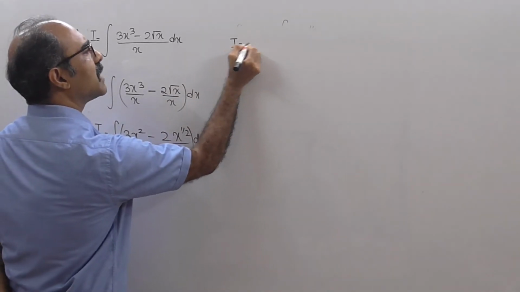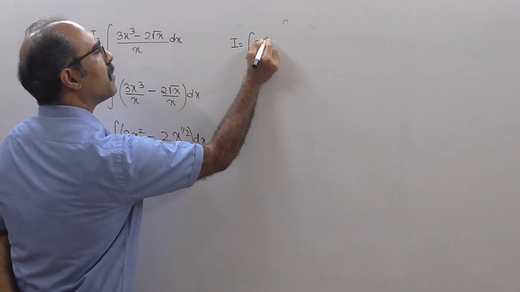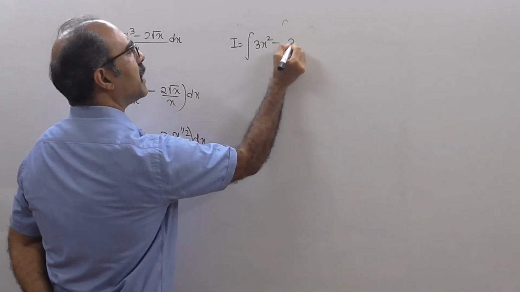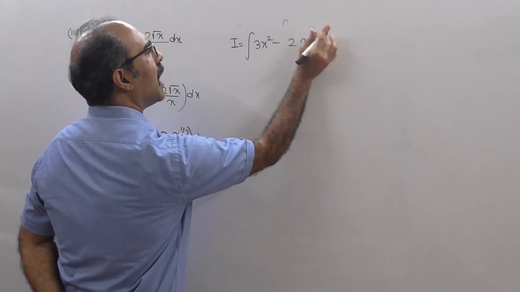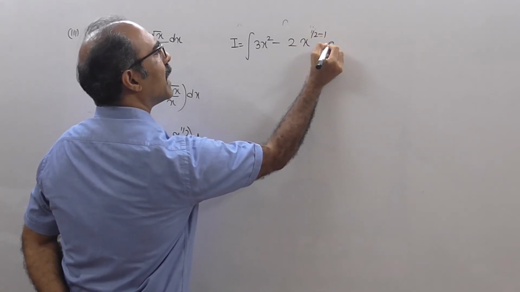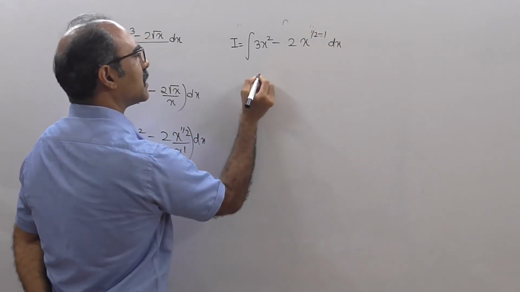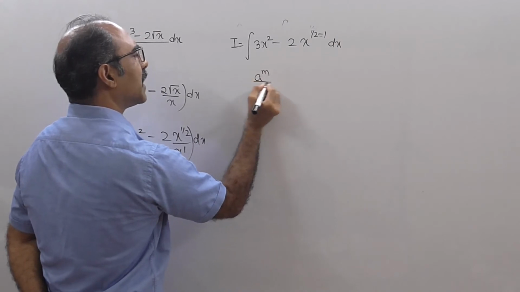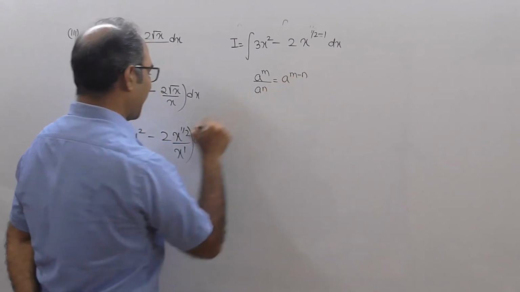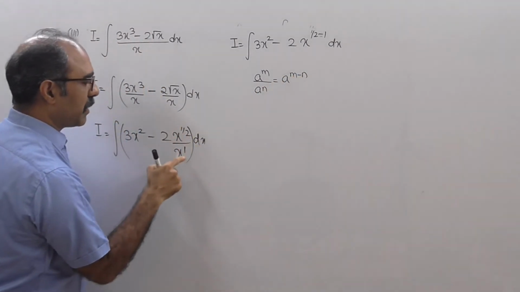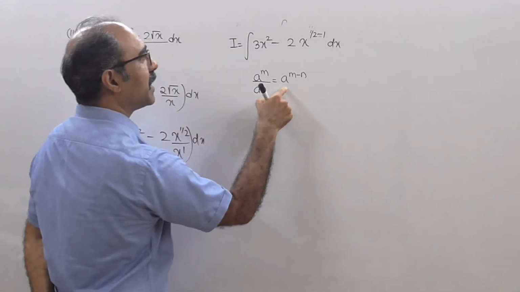So I get I equal to integration 3x square minus 2 x raised to half minus 1, dx. Why this? There is a rule which says that a raised to m upon a raised to n is basically a to the power m minus n. I am writing it as a raised to m minus n.